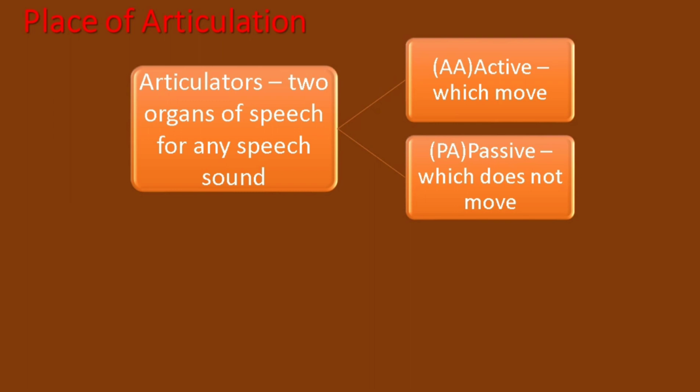And we have the articulator which does not move. This is called passive articulator. For articulation of any speech sound, we need these two organs.